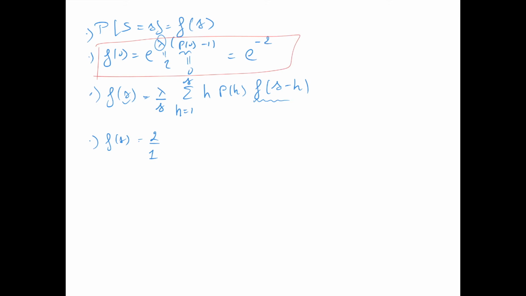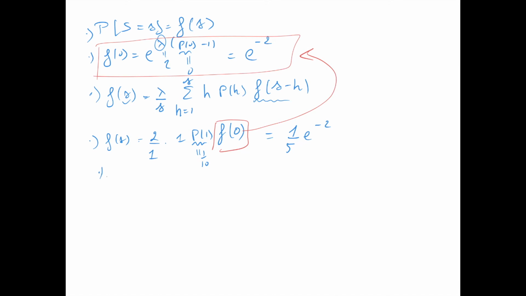My summation, if s is equal to 1, is just one term, so I have h equal to 1, p1 times the function f in s minus h, which is f0, and I already calculated this f0 in the previous step. If I fill in that p1 is equal to 1 over 10 and f0 is equal to e to the power minus 2, you find here 1 over 5 e to the power minus 2.